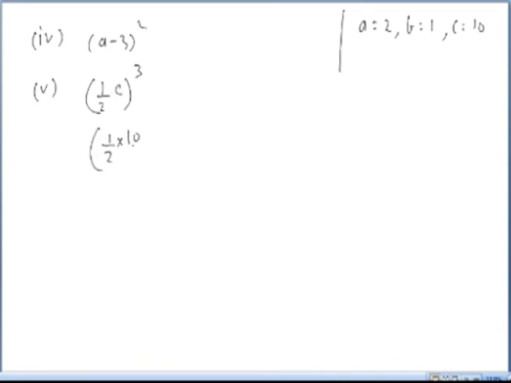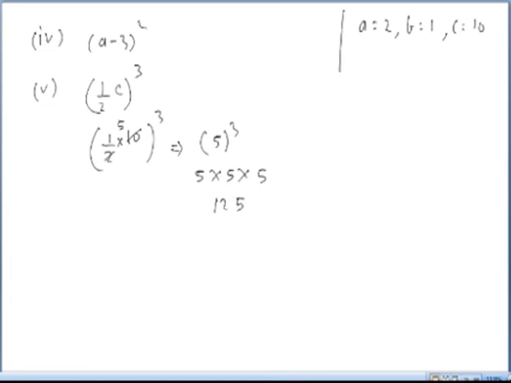So just solve this: 2 fives are 10, so cut it. 5 ones are 5. 5 cube means 5 into 5 into 5. 5 fives are 25, 25 fives are 125. So this will be the value of this term.